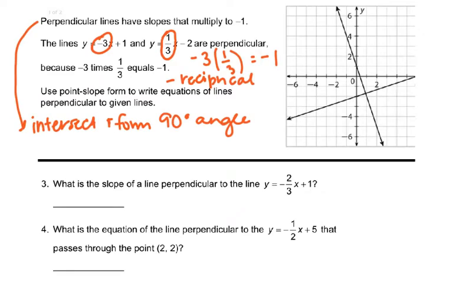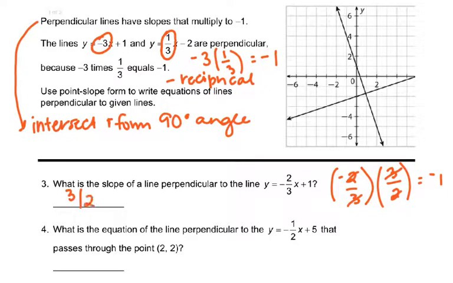What number can I multiply to -2/3 to get -1? Okay? And some of you may already know that that's going to be the negative reciprocal, which is 3/2. Okay? And that's going to end up being -1. So 3/2 would be our slope of a perpendicular line to that.